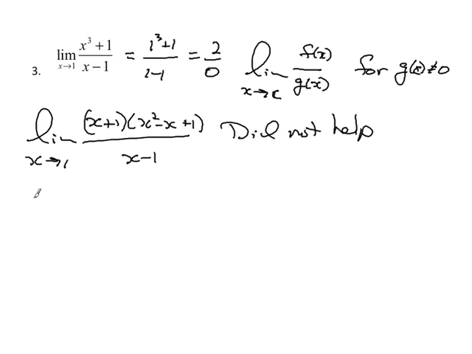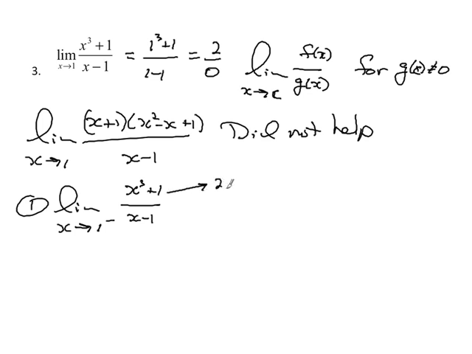So, let's start looking at the basic idea of limits. I want to take a look at the limit as x approaches 1 from the left of x cubed plus 1 over x minus 1. Now, the numerator will go to 2. As I approach 1 from the left, I'll get 1 plus 1, which is 2. The denominator, like we already said, approaches 0.